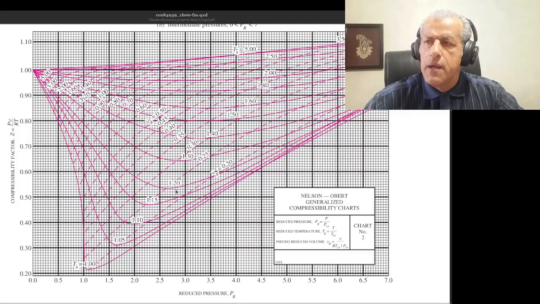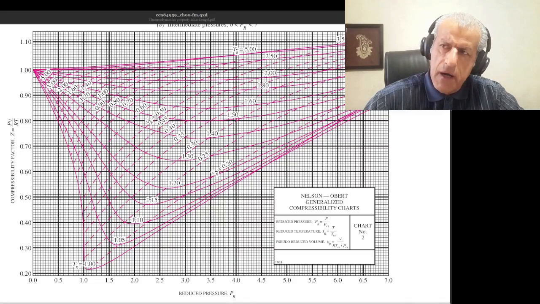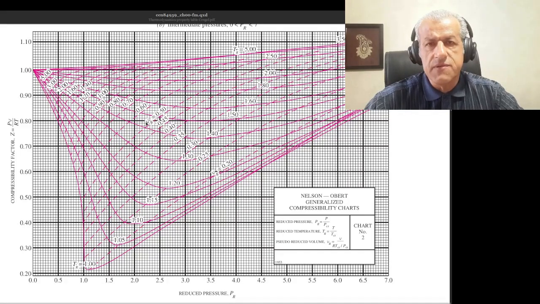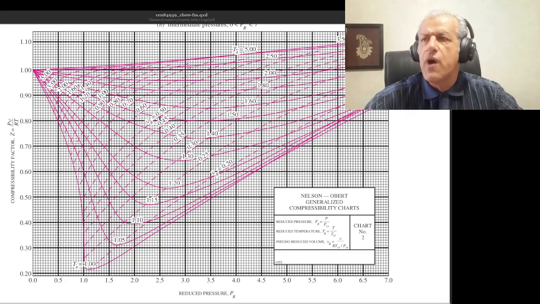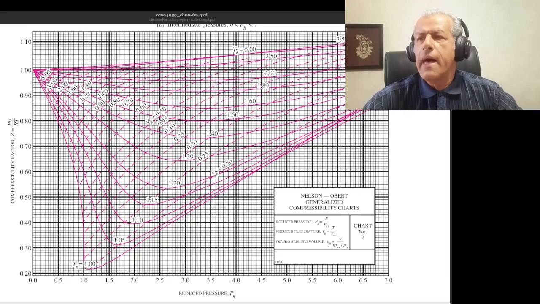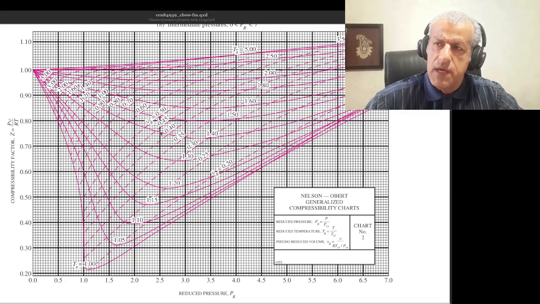There are other lines on this chart as well. If you look at them, they are VR constant, the reduced specific volume. Their values start from here, 0.2, and then continue to 0.25, and 1 and more. These are the dashed lines which you see moving in this direction.